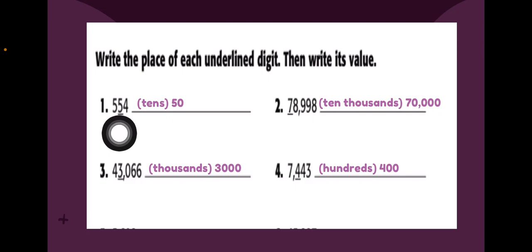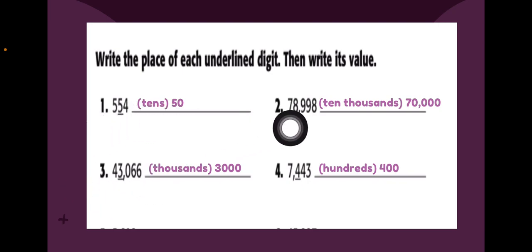Can you see the underline? In which 5? This one, the second one. In which house or in which place is it? In tens, yes? Can you write the value of it? It will be 50, exactly.